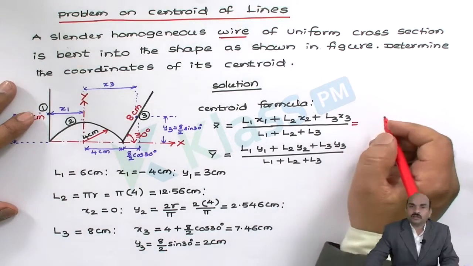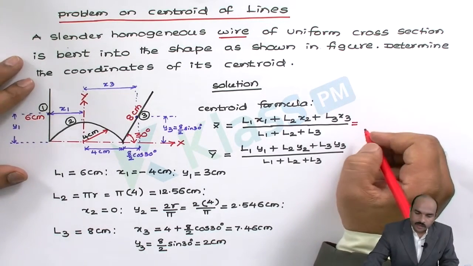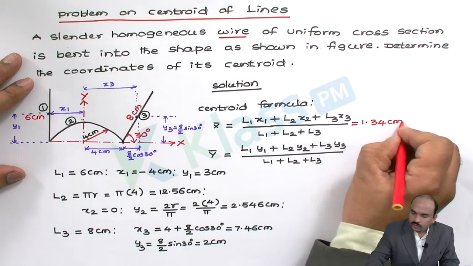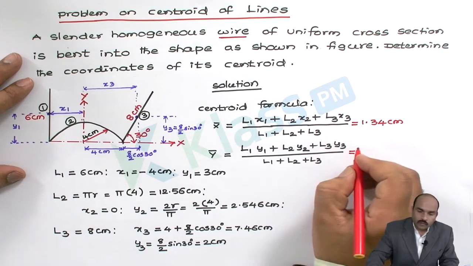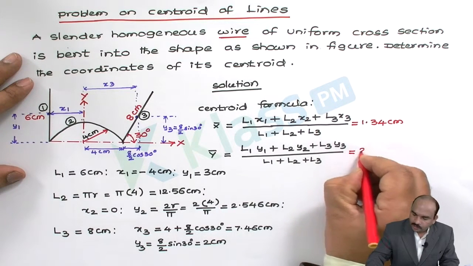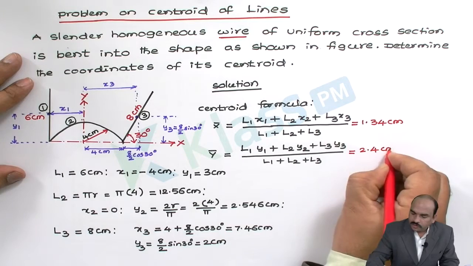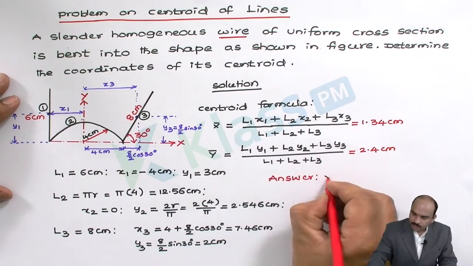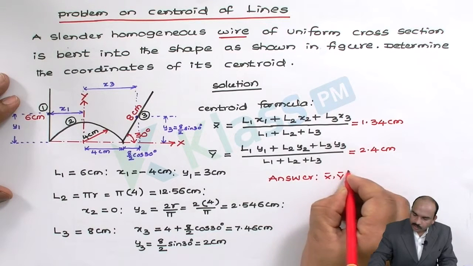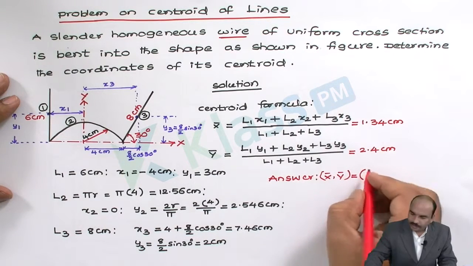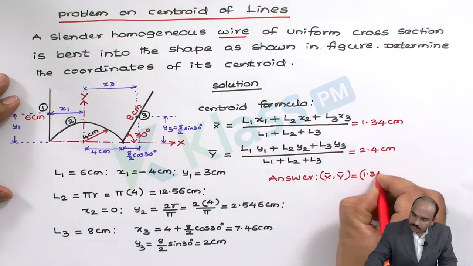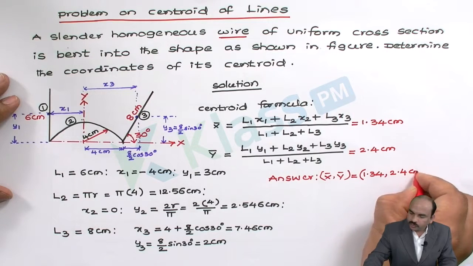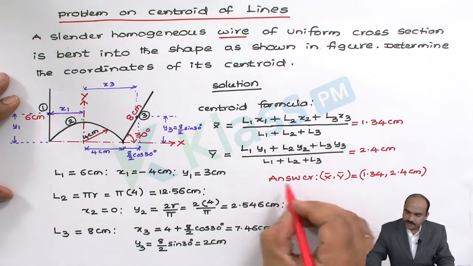So substituting all the values, we are getting x bar as 1.34 centimeters, then y bar as 2.4 centimeters. Now these are the answers. The answer is x bar comma y bar, so we are getting 1.34 comma 2.4 centimeters. So this is the answer.